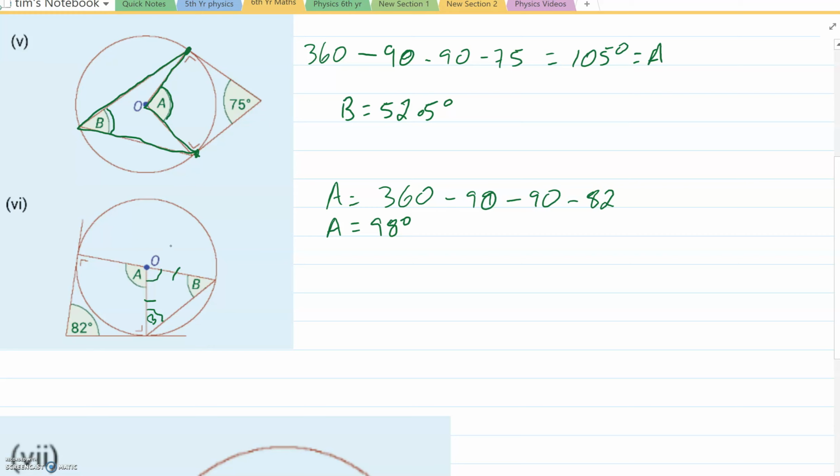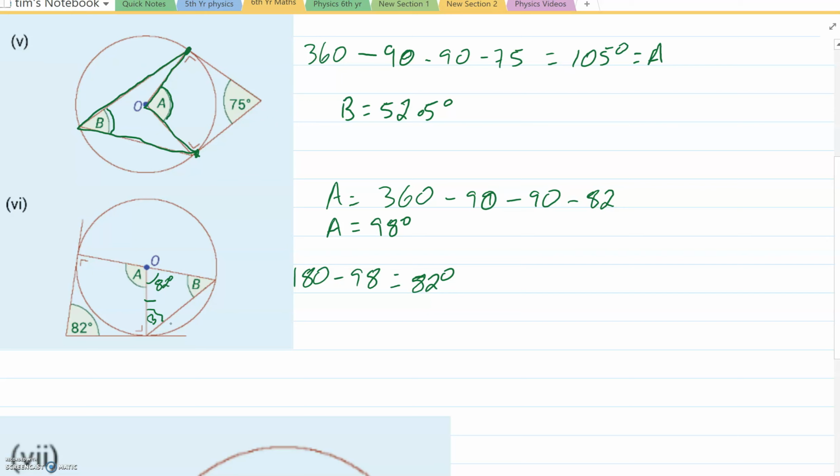This angle up here is on a straight line, so from 180 you take away 98 degrees, and that gives you 82 degrees. So this angle up here is 82.